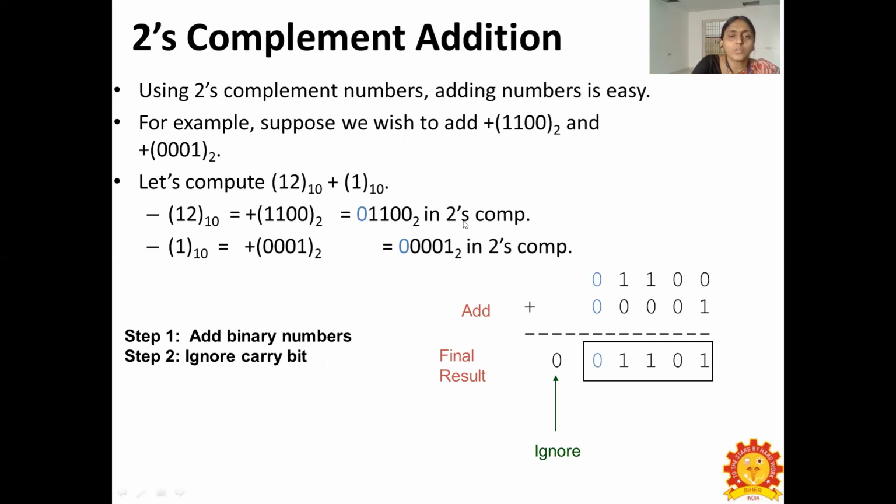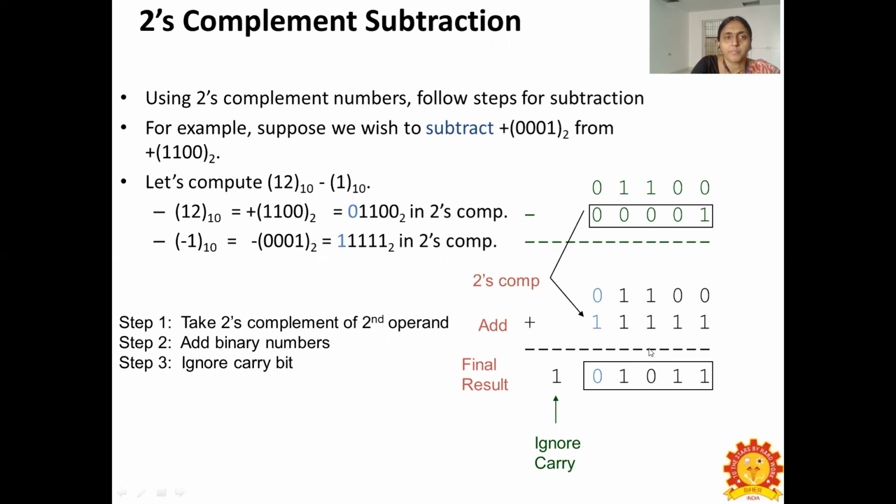In 2's complement the first operand is represented as 1100, the second operand is also represented, and finally we add the numbers with normal addition. While adding, we have to find the 2's complement of the second operand, and then finally add.